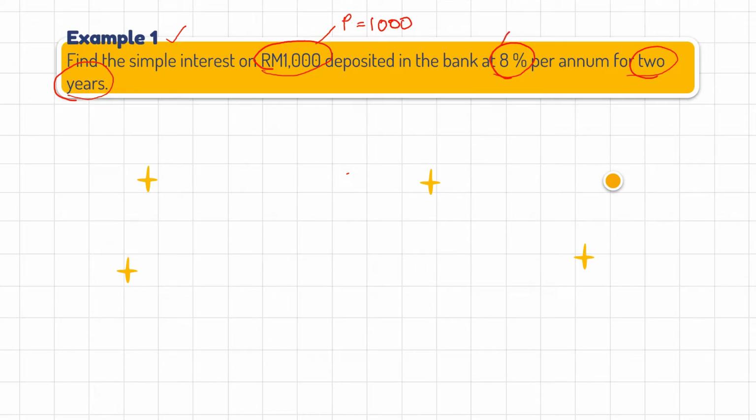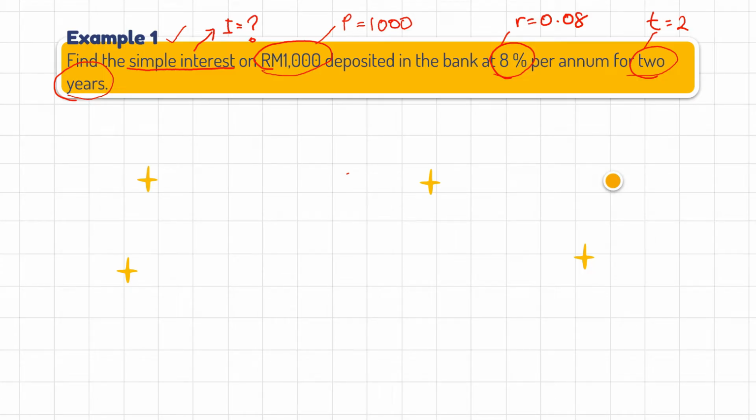This is referring to our R, 0.08. And then we have 2 years, which means our T equals 2. Then the question asks you to find the simple interest. This is the one that we need to find, capital letter I.